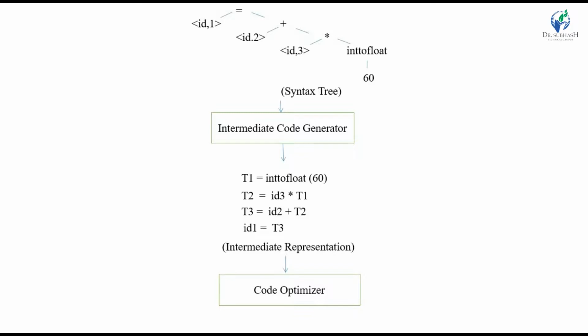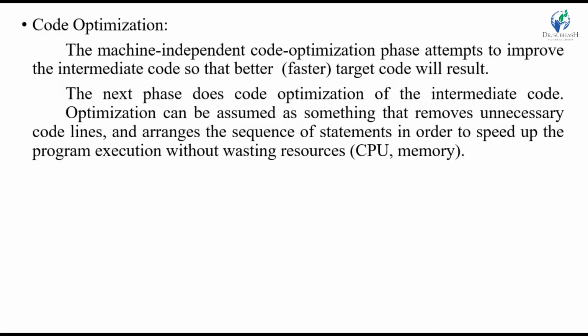So the next phase of the compiler is the code optimizer. In code optimization, the machine independent code optimization phase attempts to improve the intermediate code so that better target code will result. Better target code means faster, but other objectives may be desired, such as shorter code or target code that consumes less power.